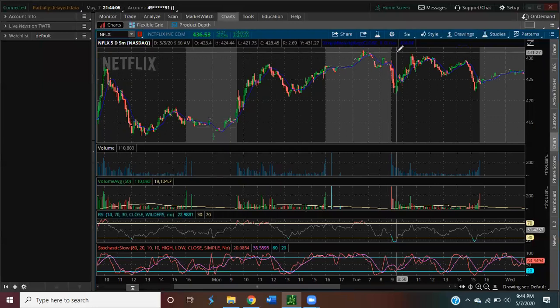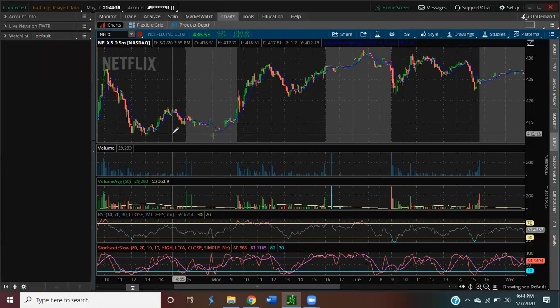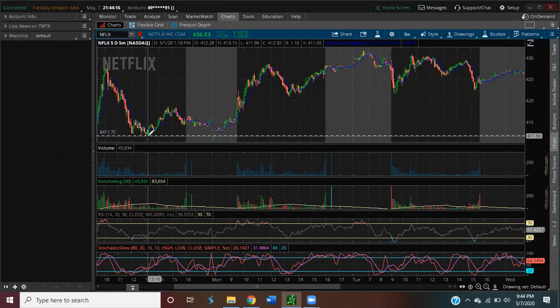Now this is the 5-day, 5-minute chart. So you can see on Netflix, we're plotting our support and resistance. We have maybe a little bit of support here at 411. You can see a clear resistance right here at 418.